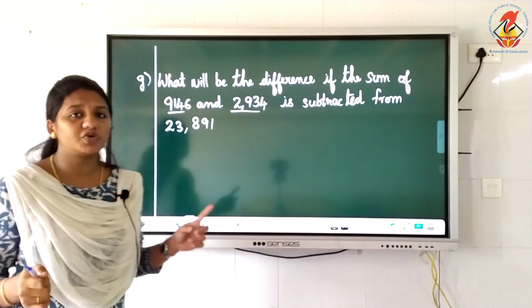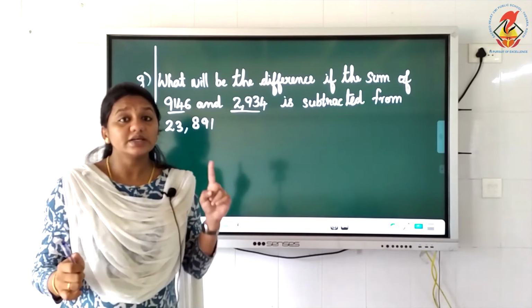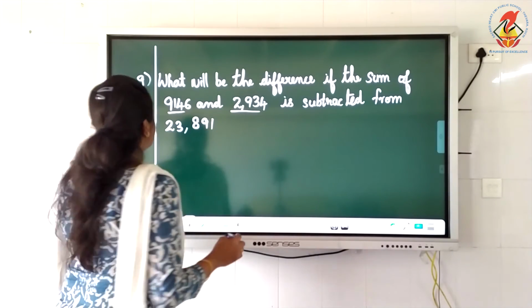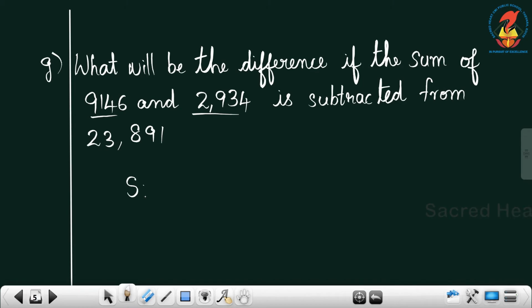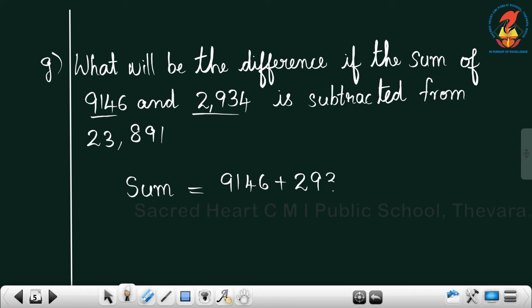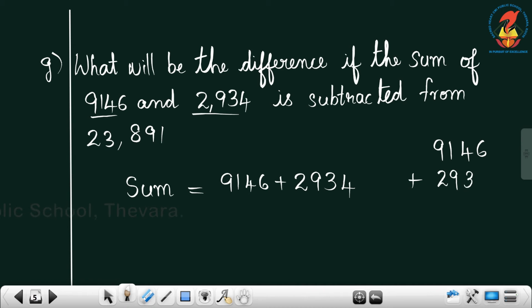So, first of all, we want to find the sum of these numbers. Sum: 9146 plus 2934.